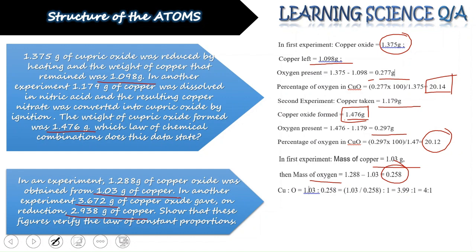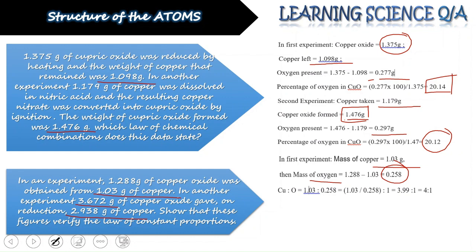Now, the ratio between the copper and oxygen is obtained by dividing 1.03 by 0.258.